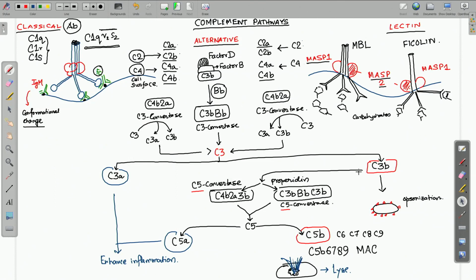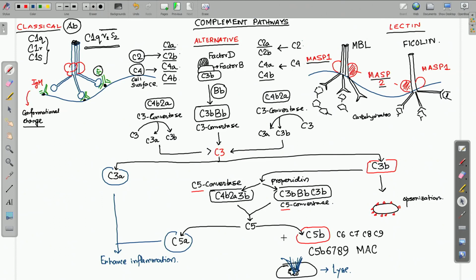One, it can again associate with C4b2a to form C4b2a3b. This C4b2a3b is a C5 convertase. It is a convertase, means it converts the target. C5 is the target, it converts C5 into C5a and C5b.